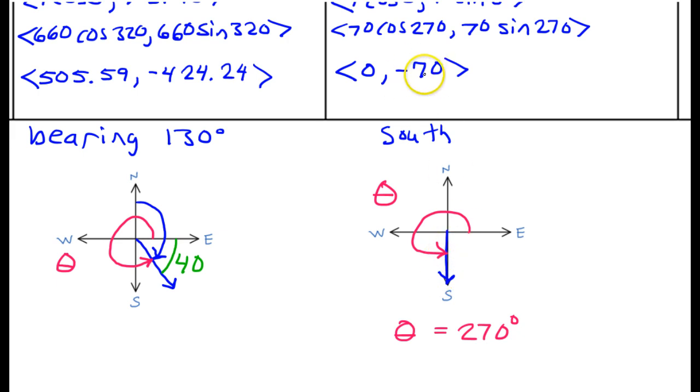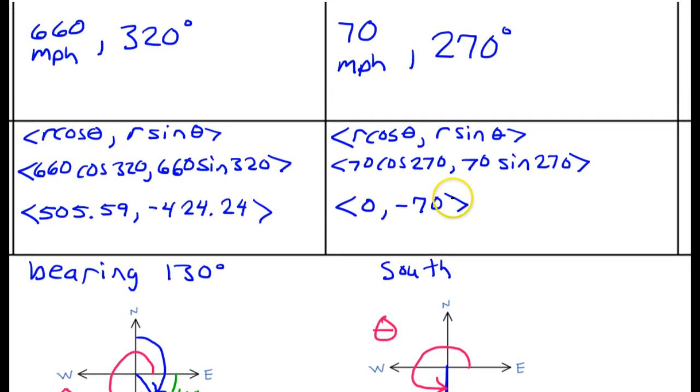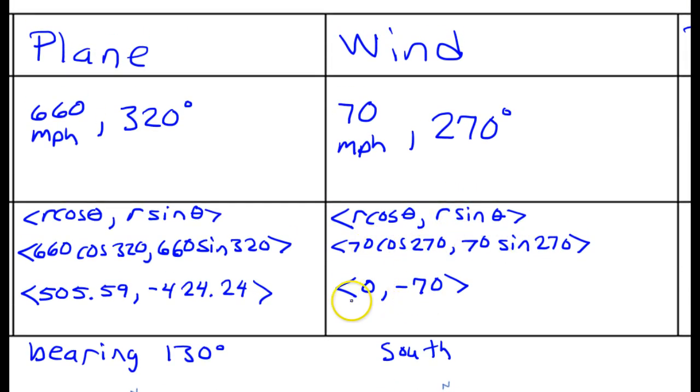So it's all going to be vertical, and it's all going to be negative because it's to the south. If it were to the north, it would be positive 70. Alright, so we didn't really need any calculations to do that. A little bit of common sense.